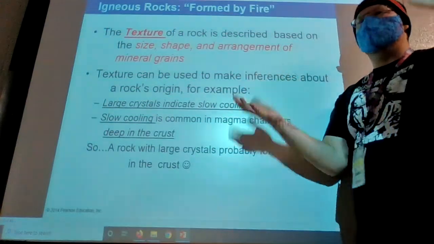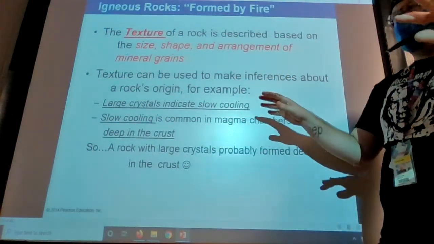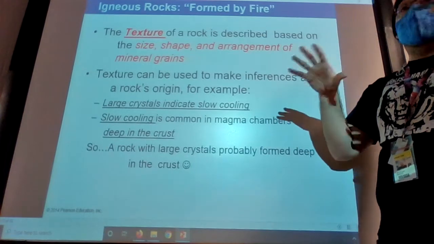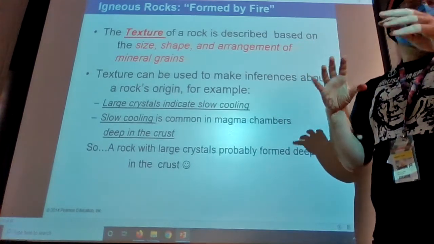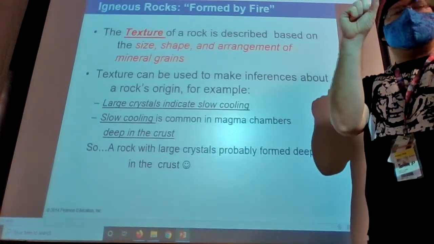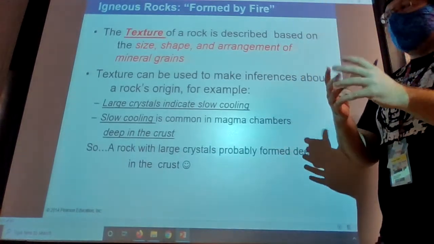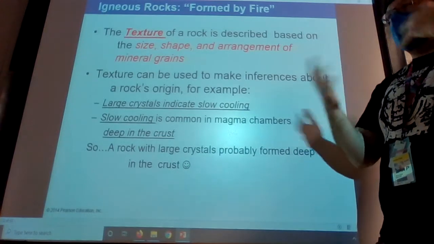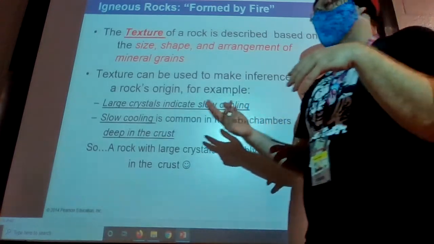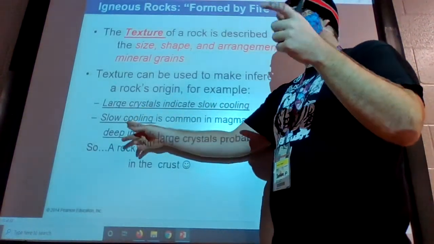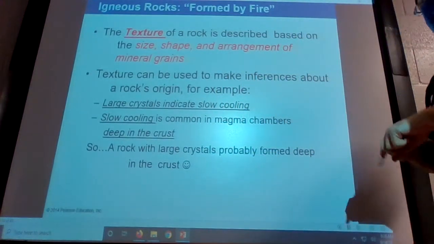And then all of a sudden you had uplift, or a huge erosion event, and the rest of the rock cooled very quickly. So you have these larger crystals set in a smaller crystal matrix, and you see that there were two different cooling events. So it's not just slow or fast. You can have a fast and a slow in the same rock.